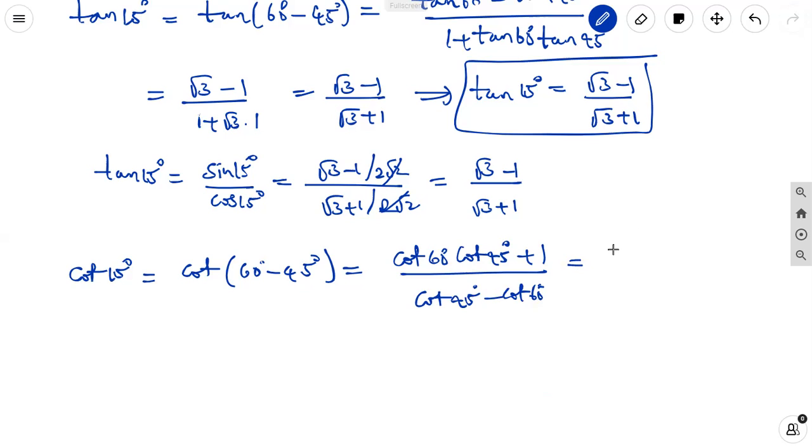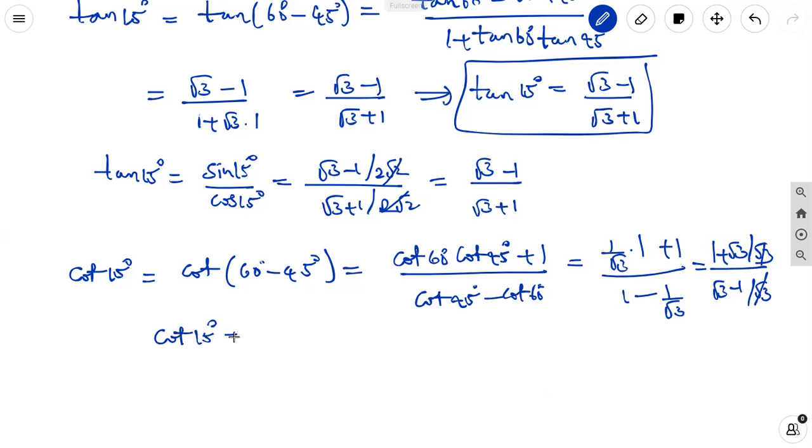Cot 60 is 1 by root 3, so it is 1 by root 3 into 1 plus 1 by 1 minus 1 by root 3. Taking the LCM, 1 plus root 3 by root 3 in the numerator, root 3 minus 1 by root 3 in the denominator. Root 3 gets cancelled. So here cot 15 degrees equals 1 plus root 3, or root 3 plus 1 by root 3 minus 1.